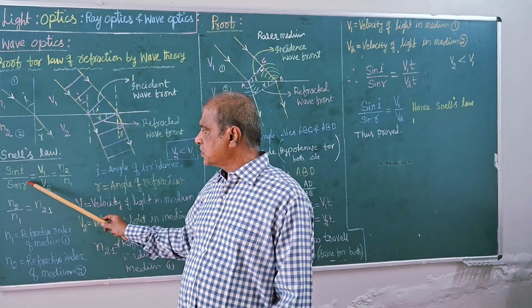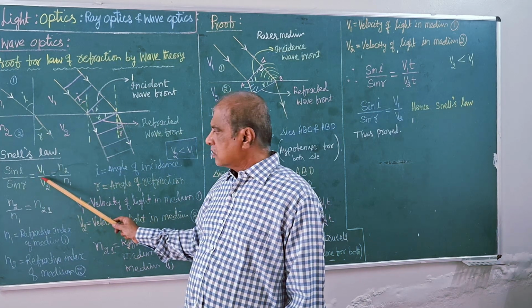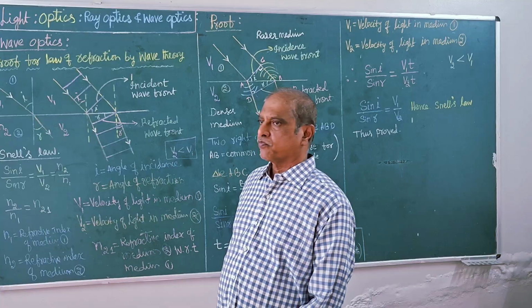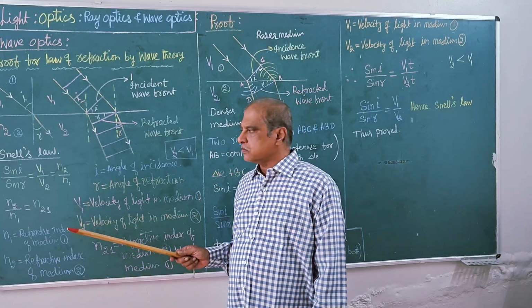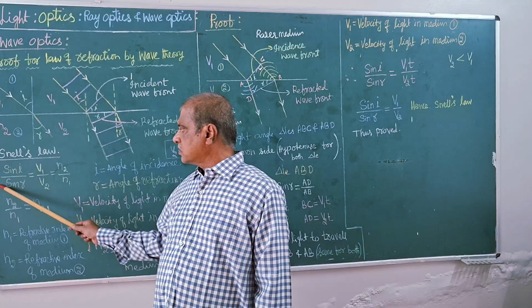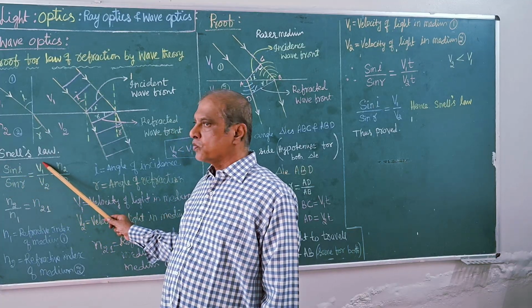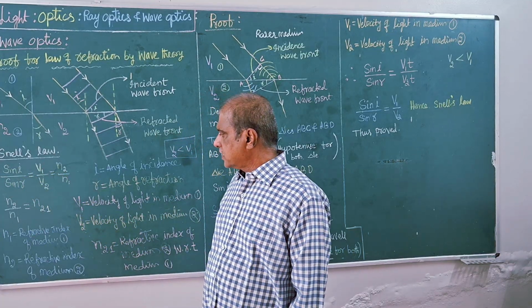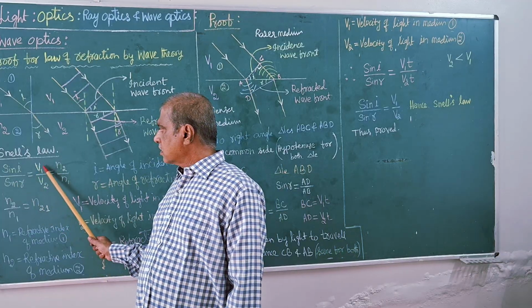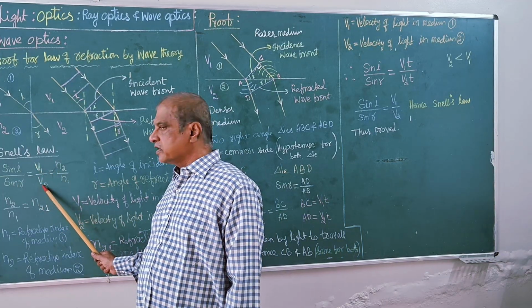This constant ratio is equal to either V1 by V2 or N2 by N1. You have to prove this. This is Snell's law. We can prove that sin I by sin R equals V1 by V2, that is, the velocity of light in medium 1 over the velocity of light in medium 2.